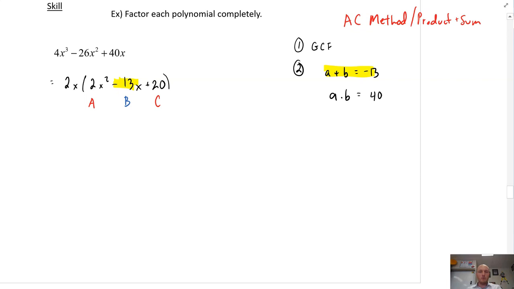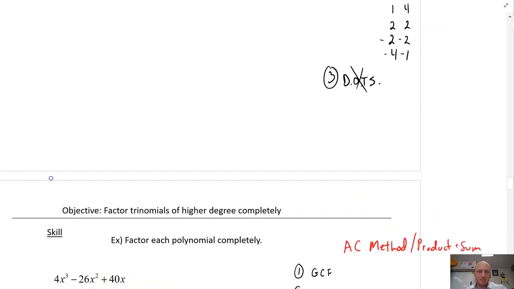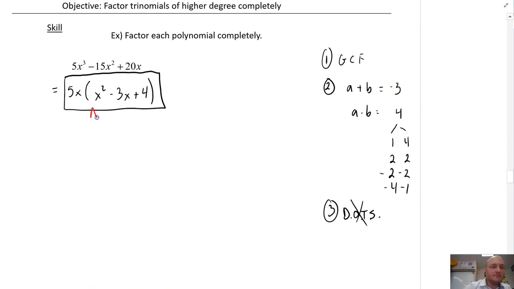Because you have a leading coefficient, you have to do that. If we look back at this example, notice our A value was just 1. So when you have a leading coefficient of 1, 1 times 4 is still 4.